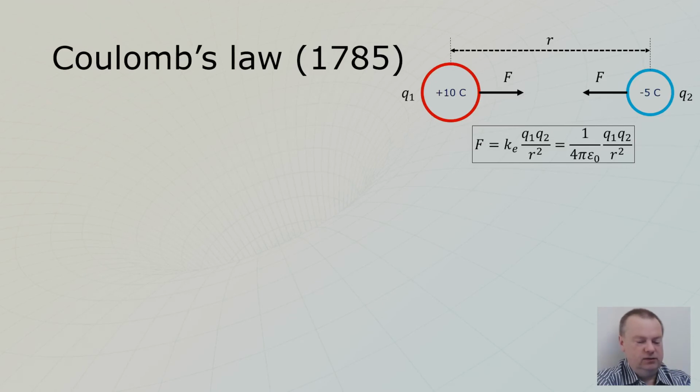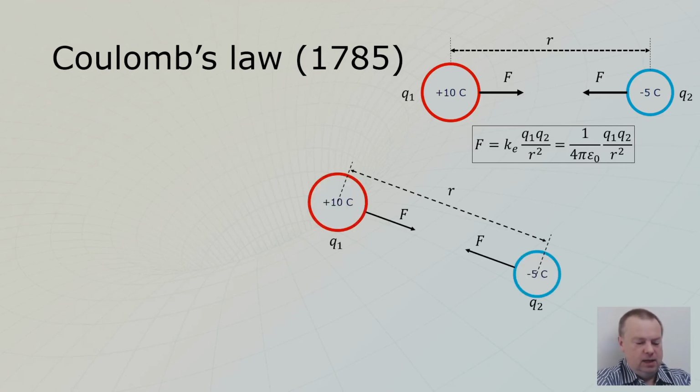So let's look at the law one more time. As said, it's depending on the strength of the charges and the distance between them. So if the charges go like this, the charges just move along. They want to keep looking at each other. It's the staring contest.